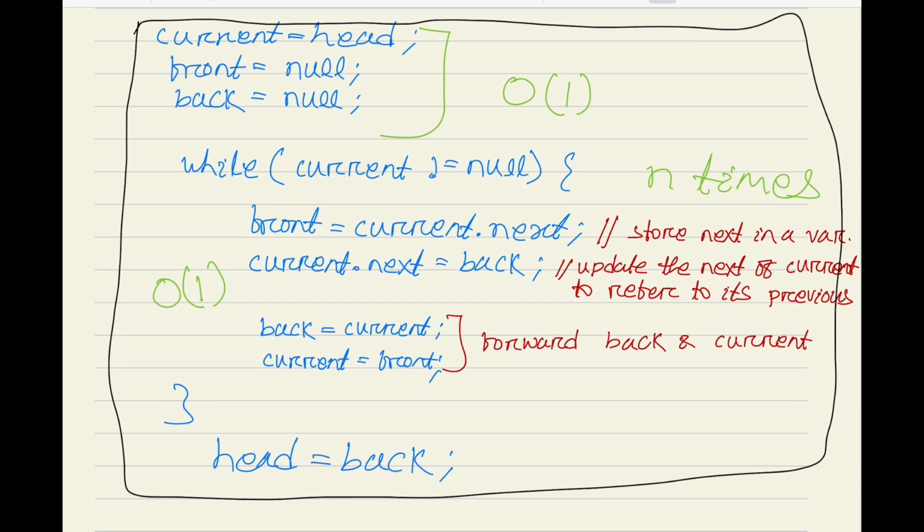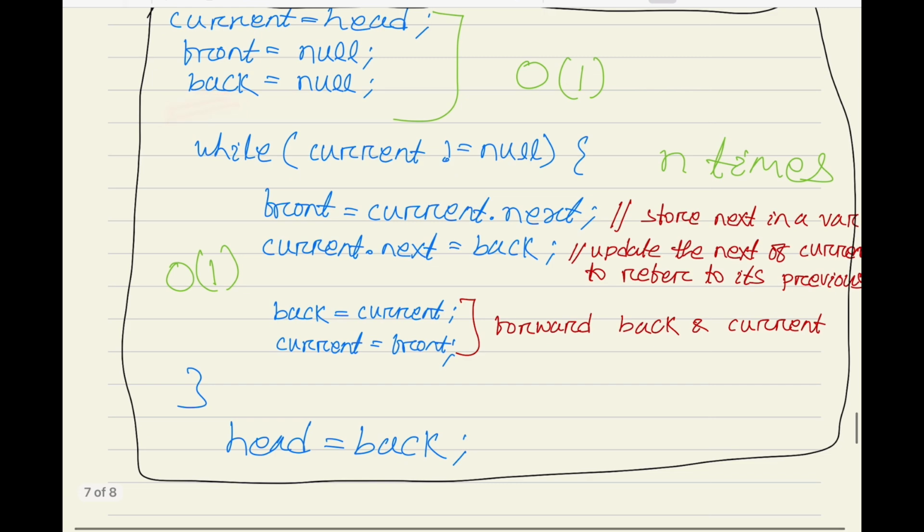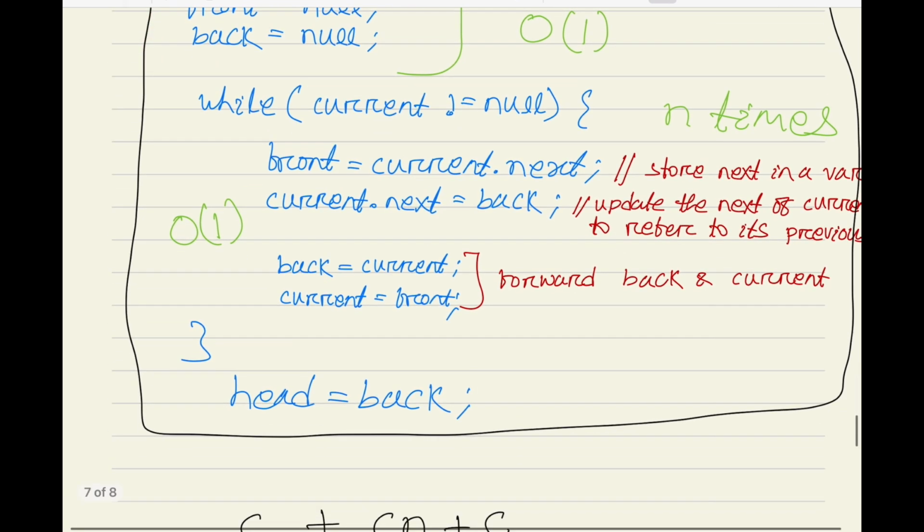Except these 3 reference variables current, front and back, no other reference variables are required, or these are independent of n. So we can say this is a constant amount of memory space. So except this, now here we require some memory.